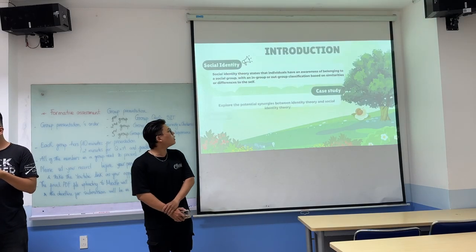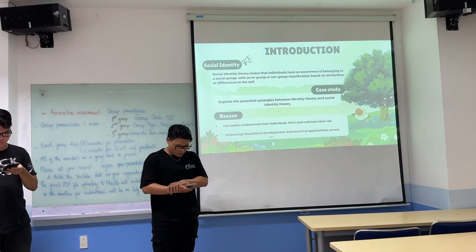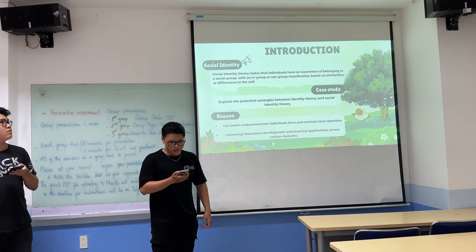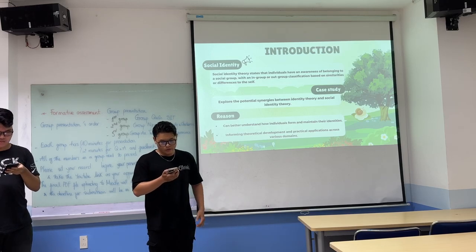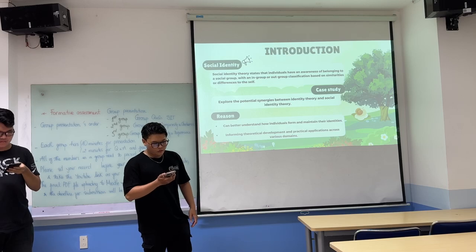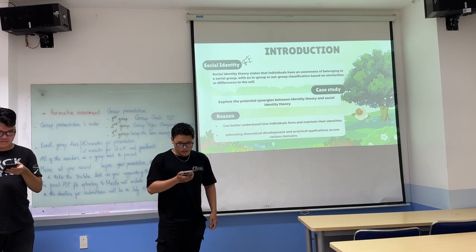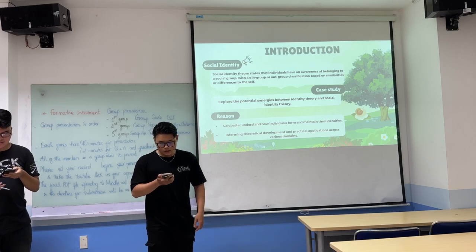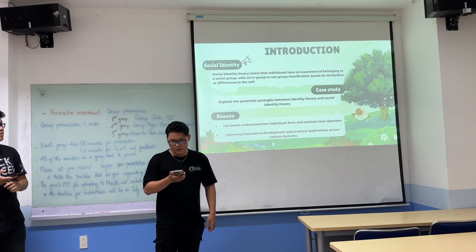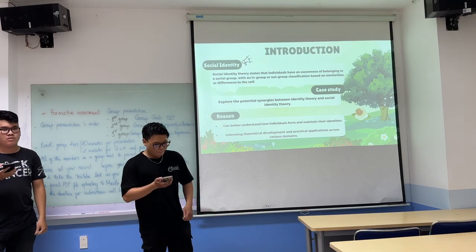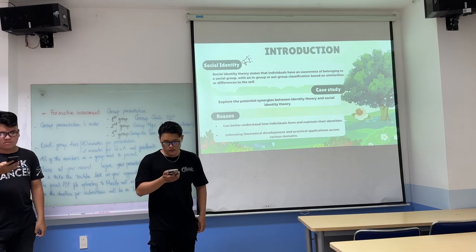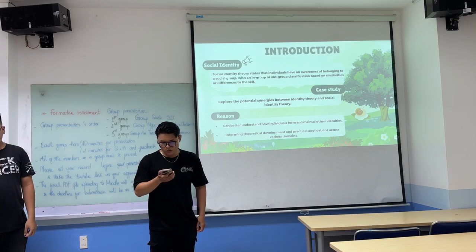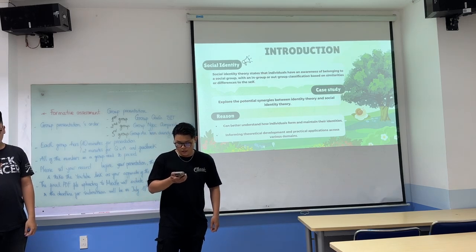Next up, I'll move on to the introduction. Identity theory itself is reflexive, in that the self is capable of viewing oneself as an object, and classifying, categorizing, and naming itself in certain ways in connection with other social groups or classifications.